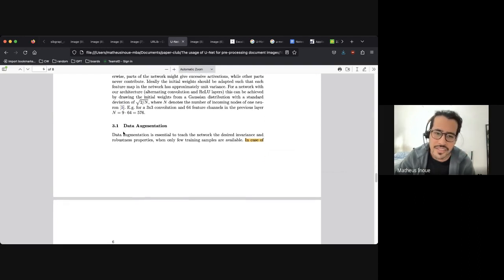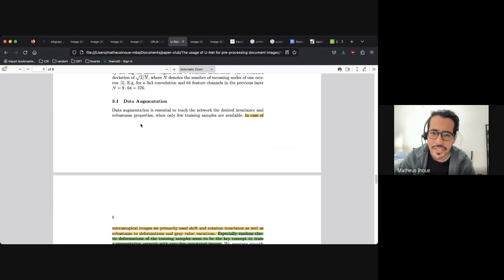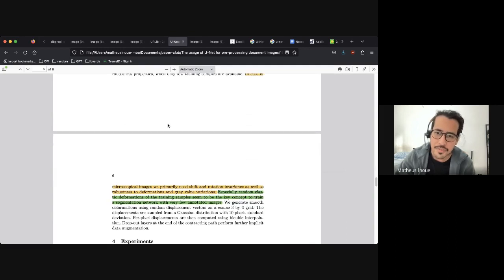And then the next step, they talk about the data augmentation. Like I said in the previous steps of the paper, they apply some shift and rotation operations, and they also do some deformations on the grayscale values.